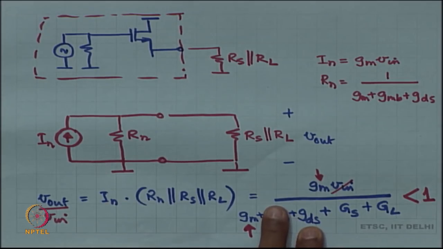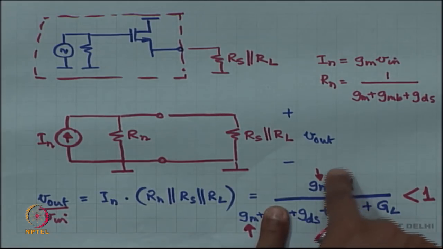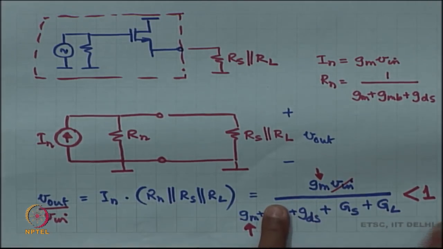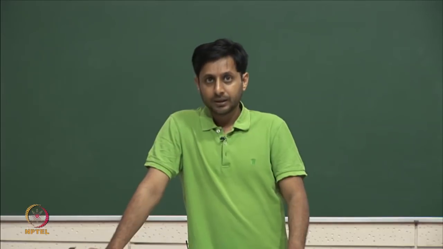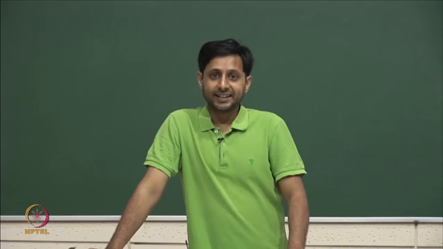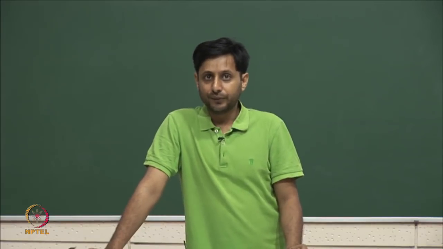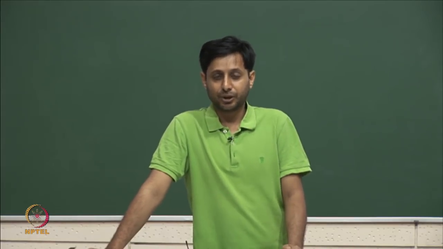This will be let us say 0.1 unit. So, 4.1. So, it is now 4 by 4.1 plus GS plus GL, we do not know what those are. Okay. So, the gain can be substantially improved if you use a PMOS device with body and source connected.